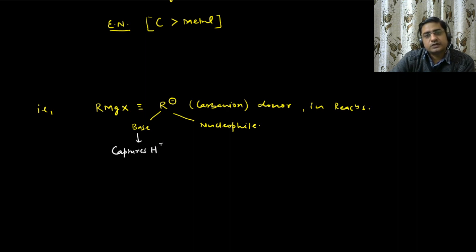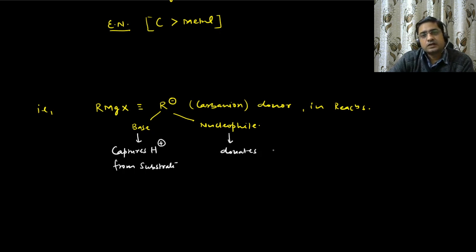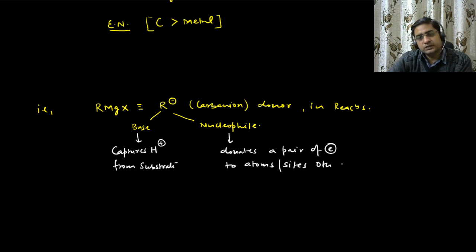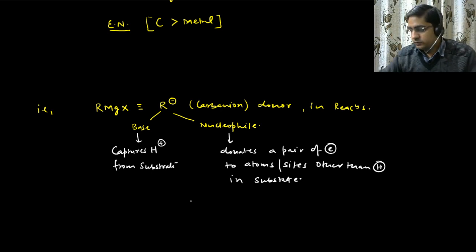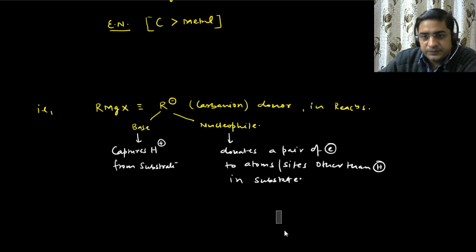The nucleophile donates a pair of electrons to atoms or sites other than hydrogen in the substrate. Again, we will see both the types of reactions of Grignard reagent, that is acid-base reaction and nucleophilic addition reaction.